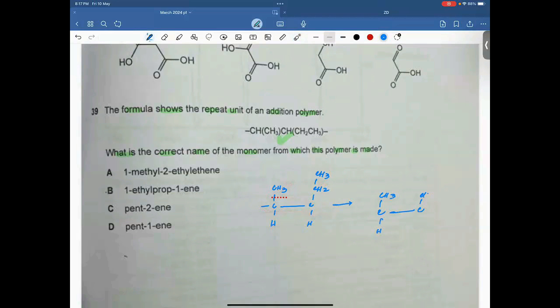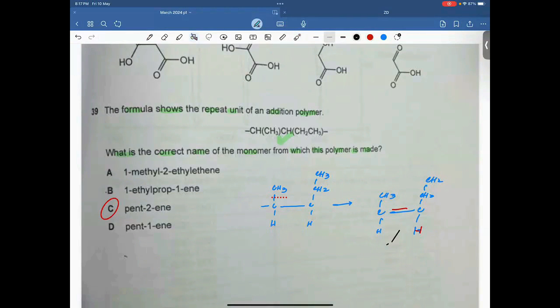So in the monomer, we have a double bond between the carbon atoms, and the double bond must exist between these two carbon atoms. So this is going to be the monomer from this polymer. That's the criteria, that's the strategy. So this is first carbon, second carbon, third carbon, fourth carbon, fifth carbon. This is pent-2-ene. Right answer is C.